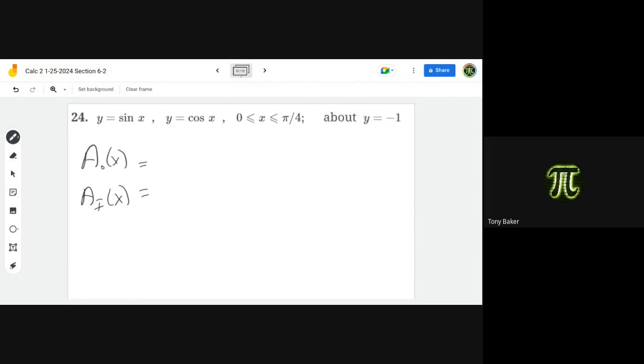Yep. Use the graphing calculator. The graphing, not the scientific. Otherwise, it won't show you.